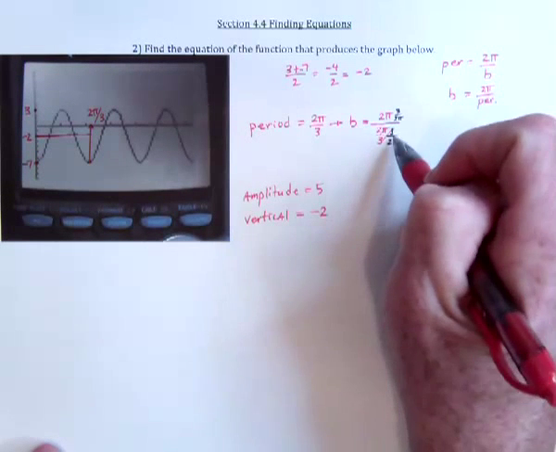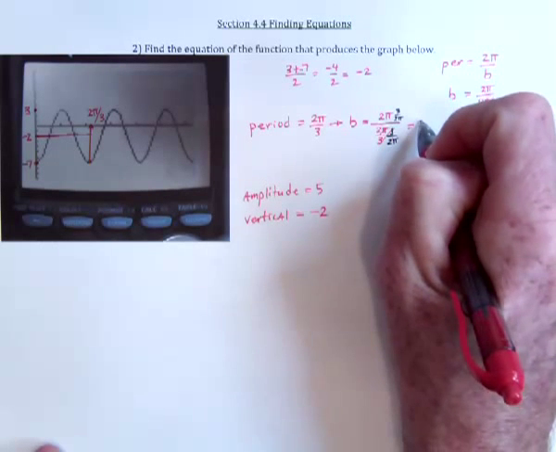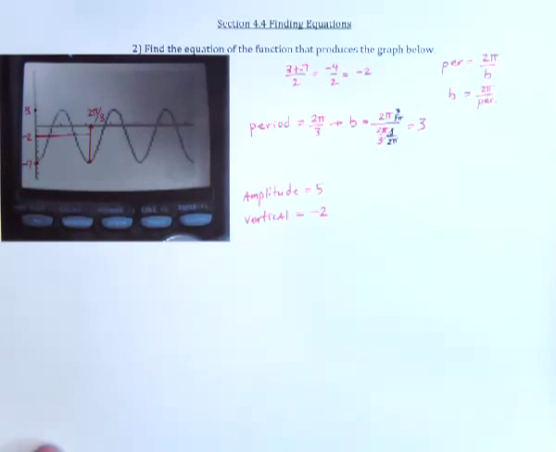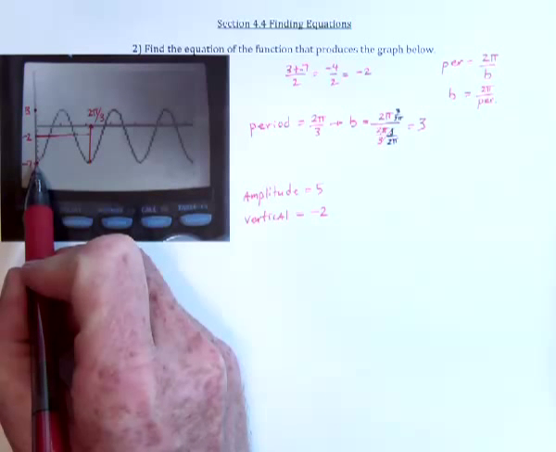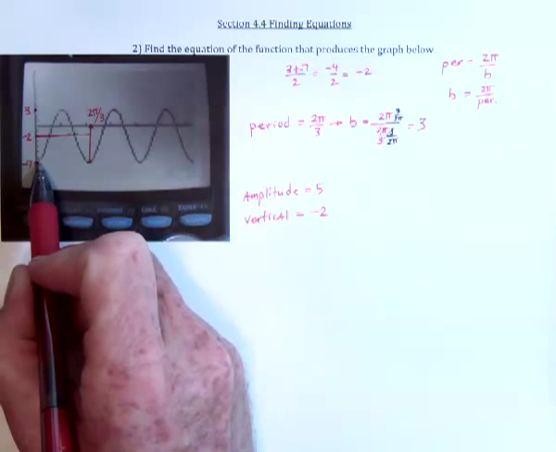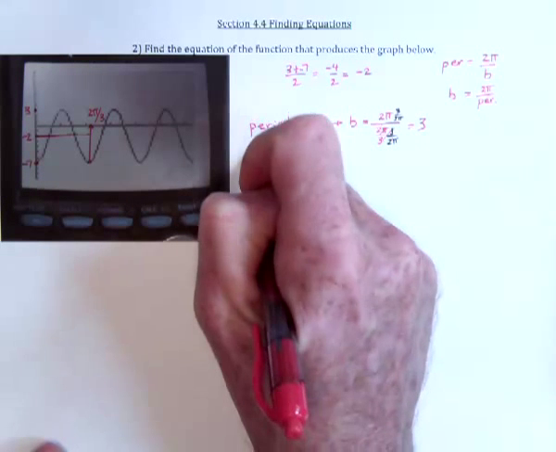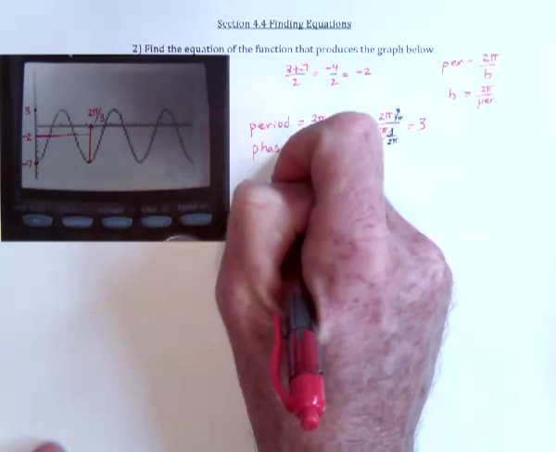And these cancel, and it leaves, well, actually the 2 pi cancels also, and it turns out that the b is a 3. So in the function there was a 3x. And then as far as phase shift, there's none, because this started at the y-axis. So if it would have started out here, say at 1, then we'd have a phase shift of 1, but there's no phase shift.